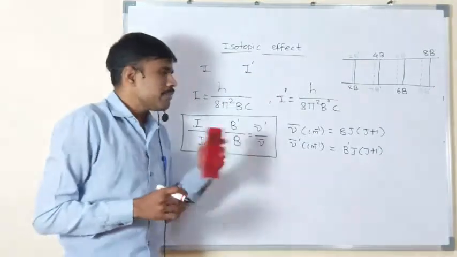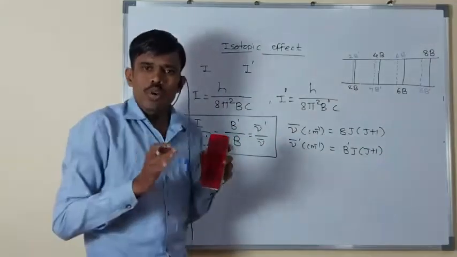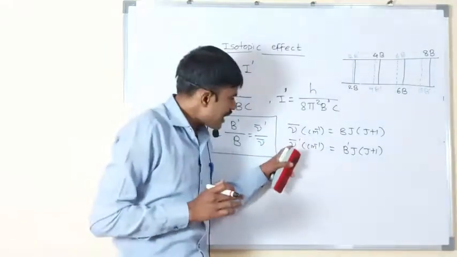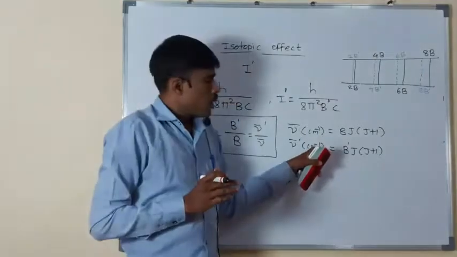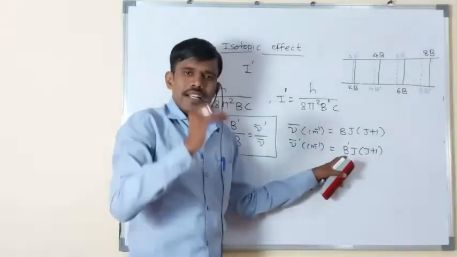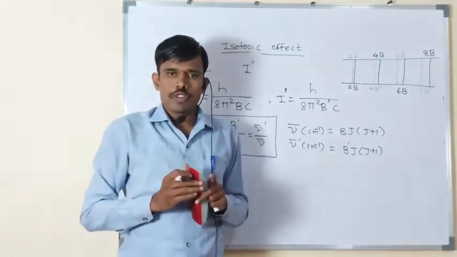What is observed here? The energy levels after addition of isotope will decrease because B decreases with the addition of heavier isotope.